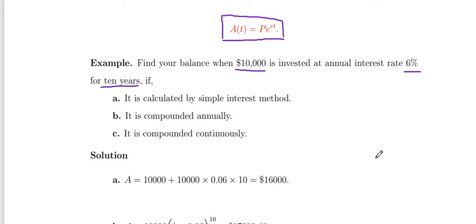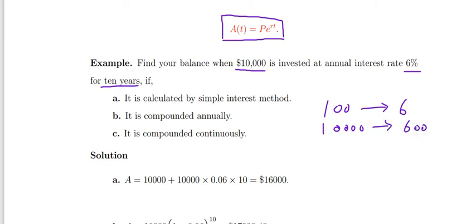For A it is very easy. With simple interest, 1 year at 6% interest rate on $10,000 is $600, right?